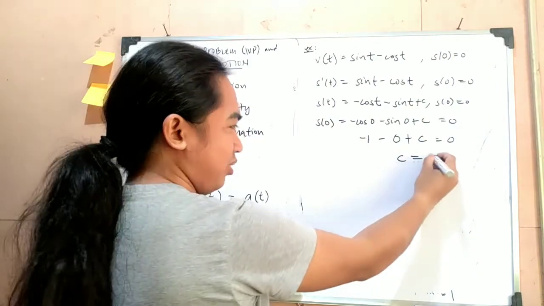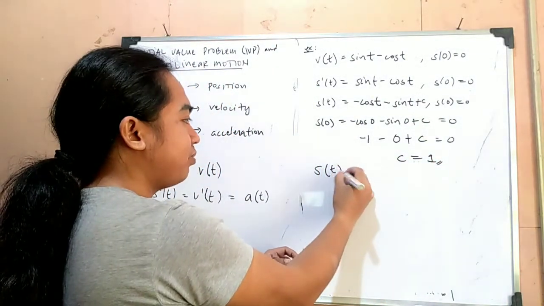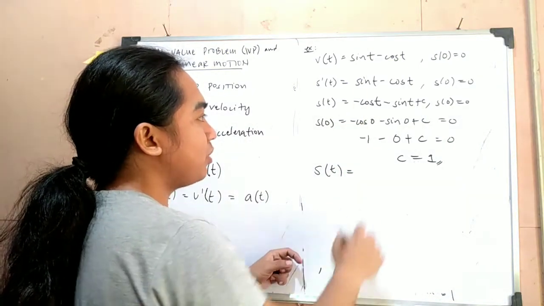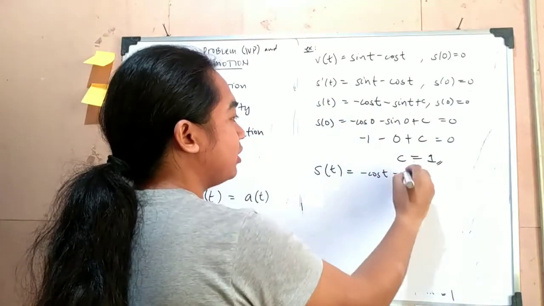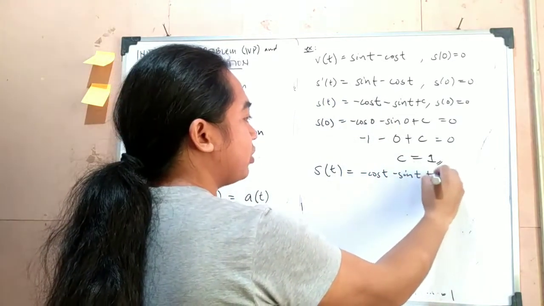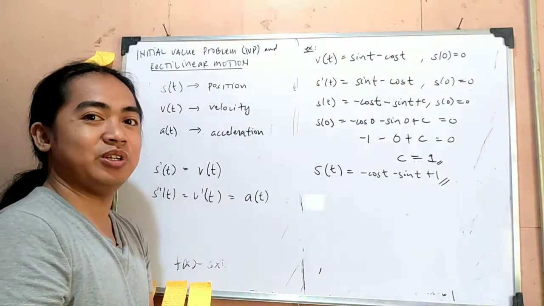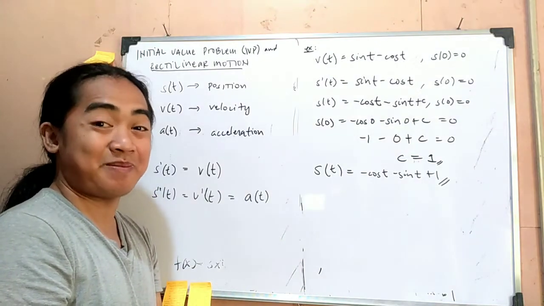So, we get c is equal to 1. So, yung position function natin, s of t, is negative cosine t minus sine t plus 1. Yan yung general solution natin for the position function. Okay? So, wala pa yung acceleration pero it goes something like that.